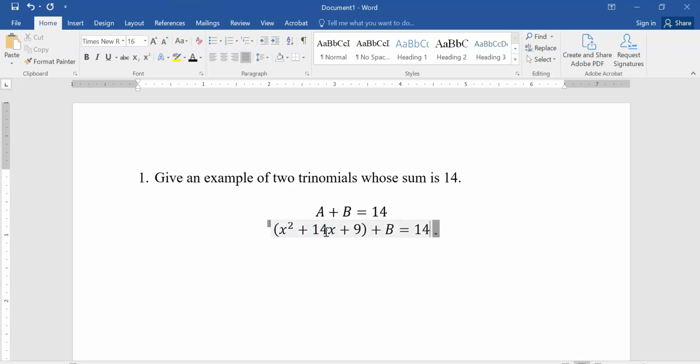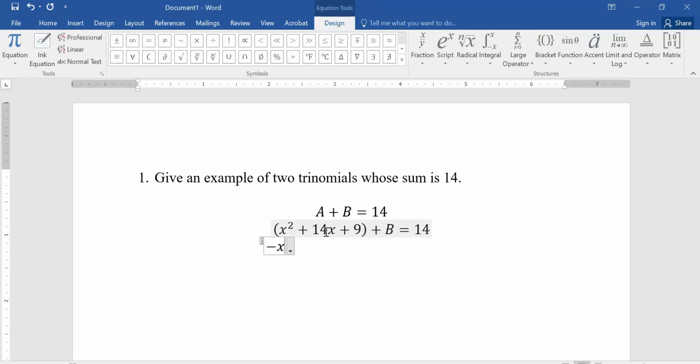But once you've done that, then we can solve for B in the way that we did in problems 3, 4, and 5. So what you would do is you would subtract x squared. Let me write that down. So you'd subtract x squared from both sides, then you'd subtract 14x, then you'd subtract 9.